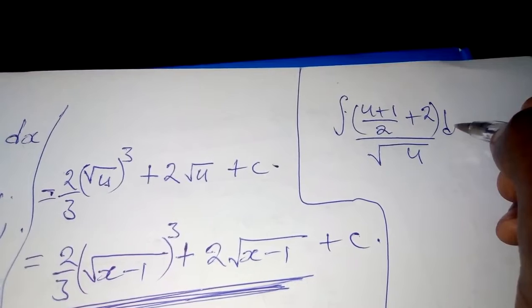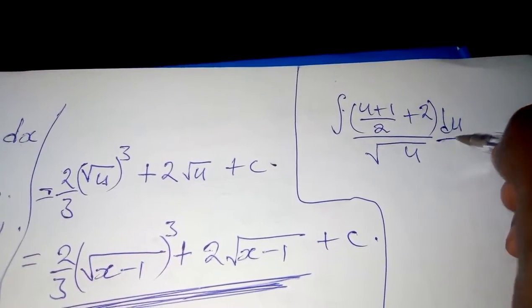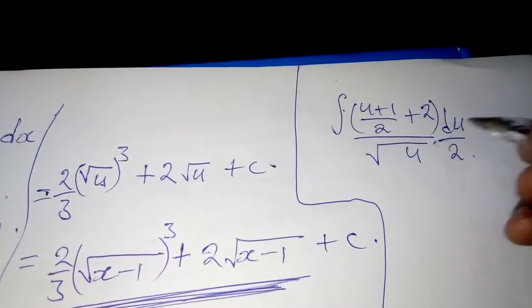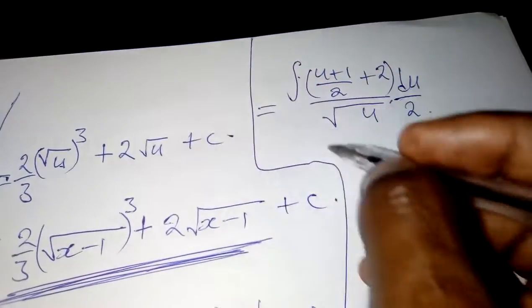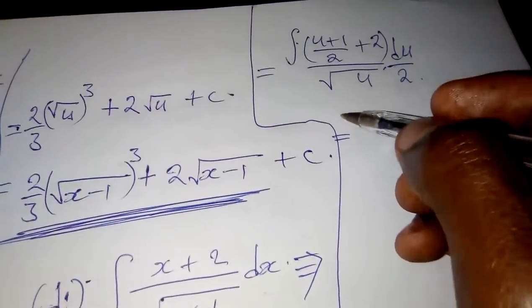Then we're saying du, where there's dx, we put du over 2. So I'm multiplying this, so we can simplify. We can see that this can be simplified before we even start integrating.